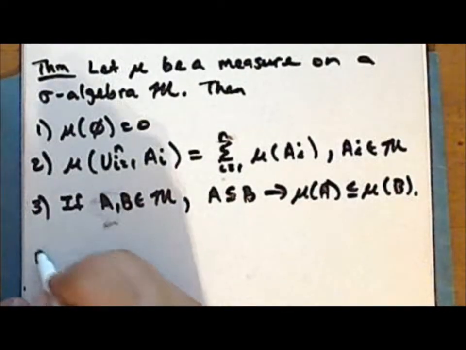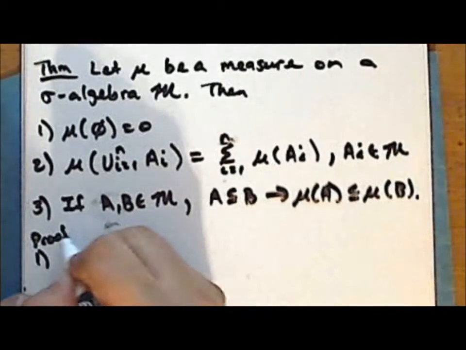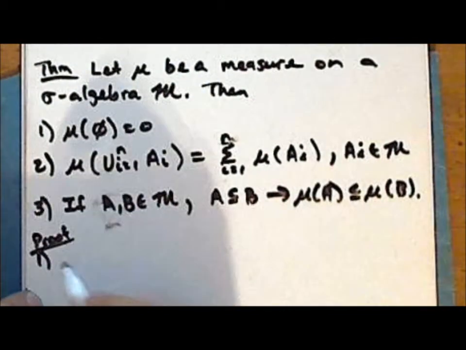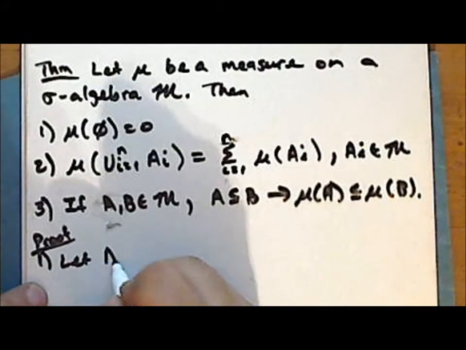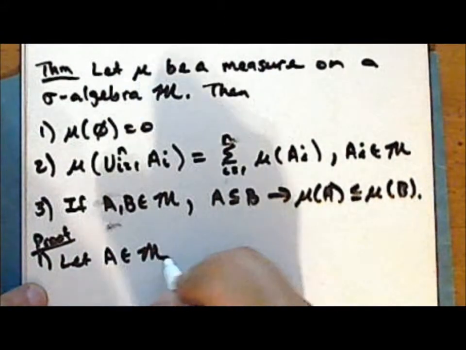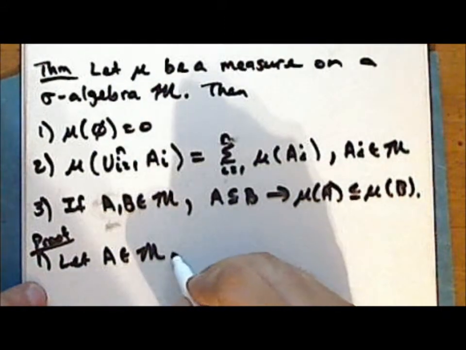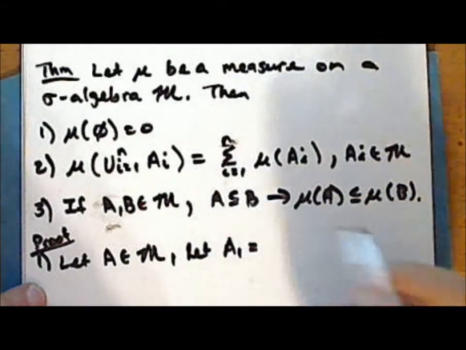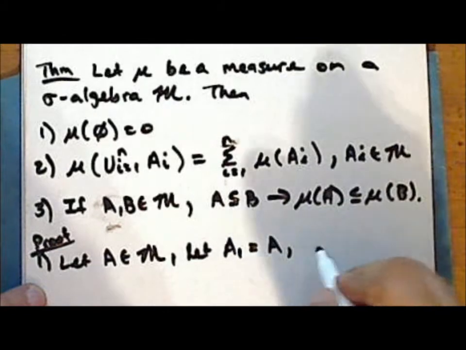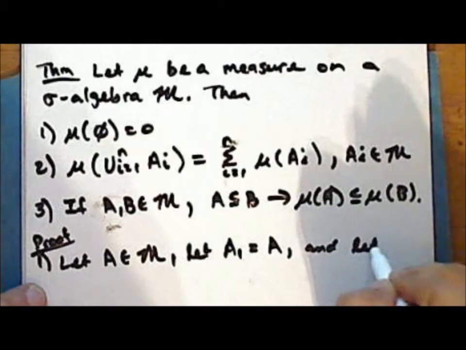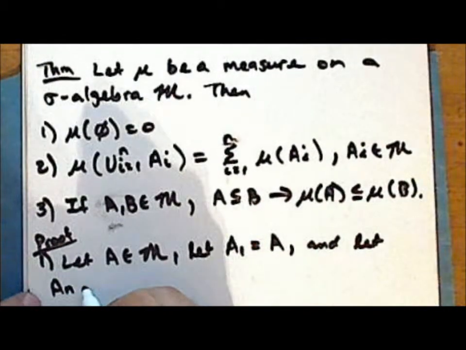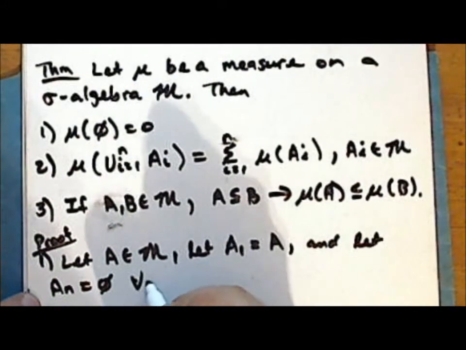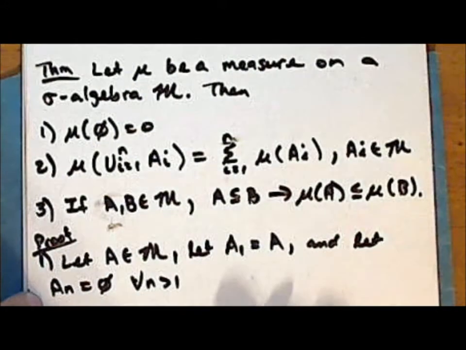So we start with the proof of the first statement. Let the set A be a measurable set. Let A sub 1 be the entire set A, and let A sub n be the empty set for every index n which is greater than 1.